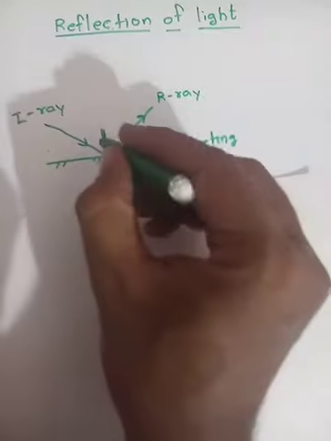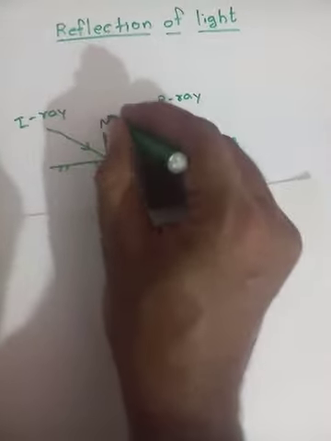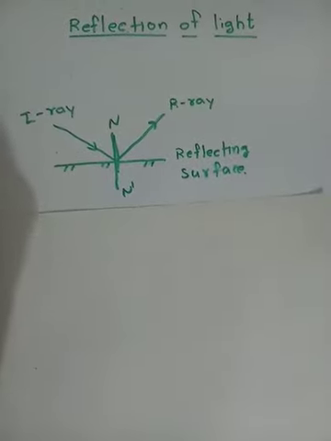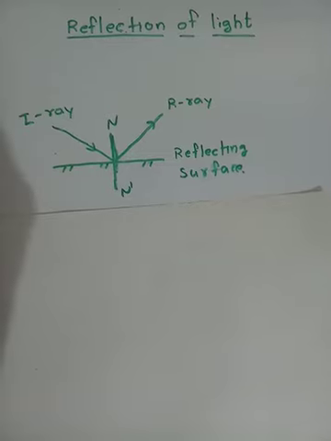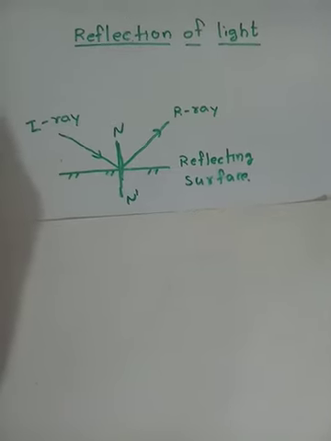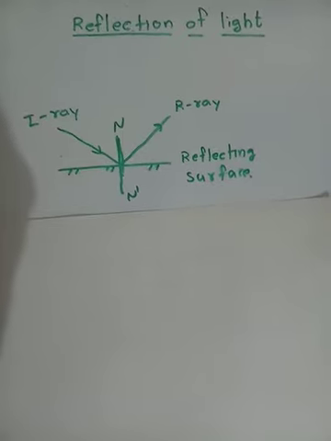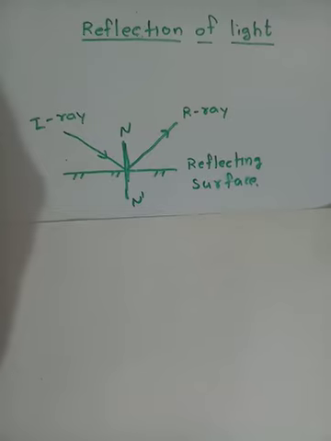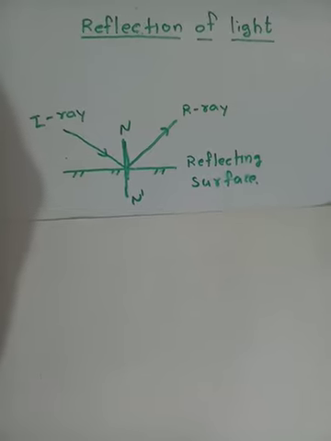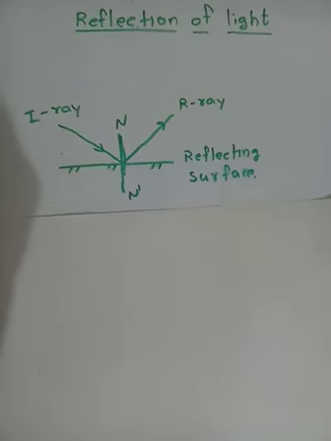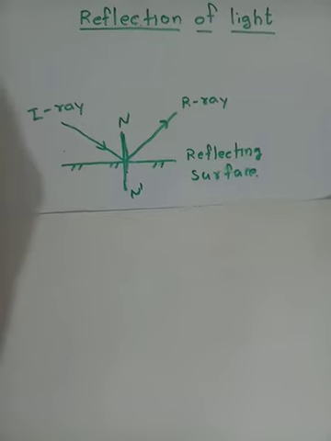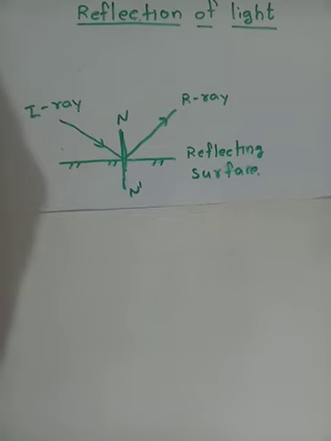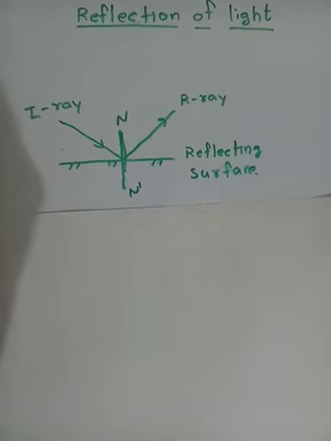Now what is this particular line, N dash? We always draw this line from the point at which the reflection actually takes place, and this line should always be perpendicular to the reflecting surface. Whenever you want to draw this normal, you have to take care of two things.